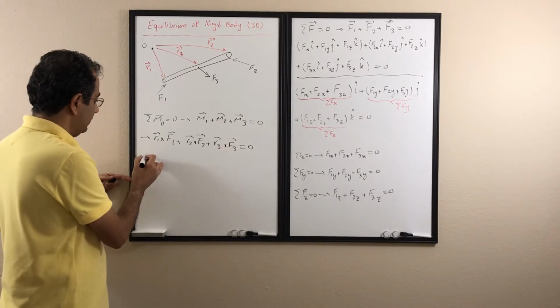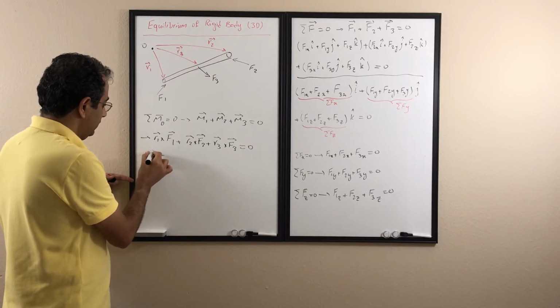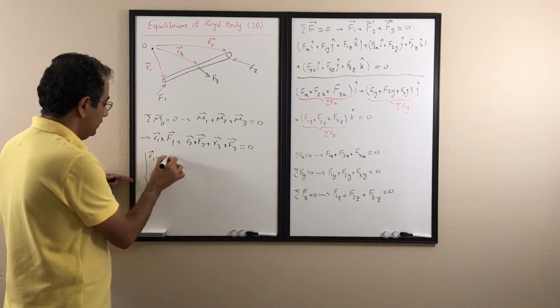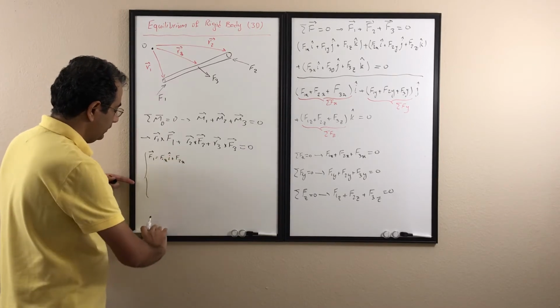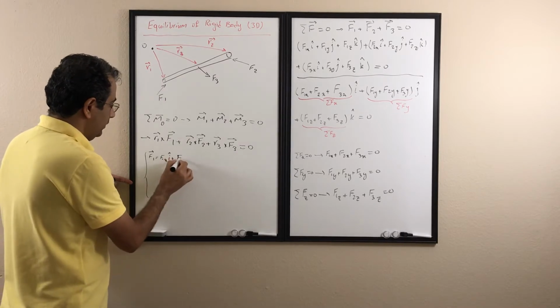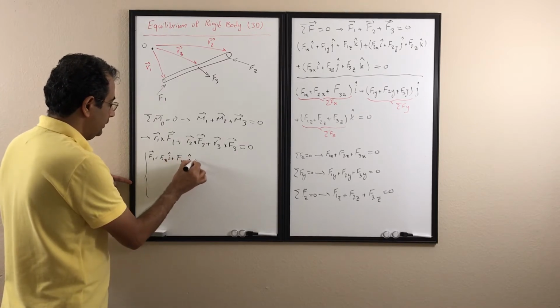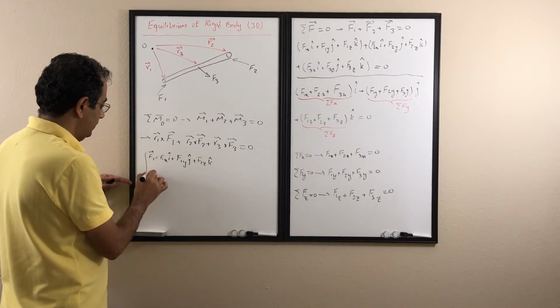As I said, F1 is F1x i plus F1y j plus F1z k. So this is F1.